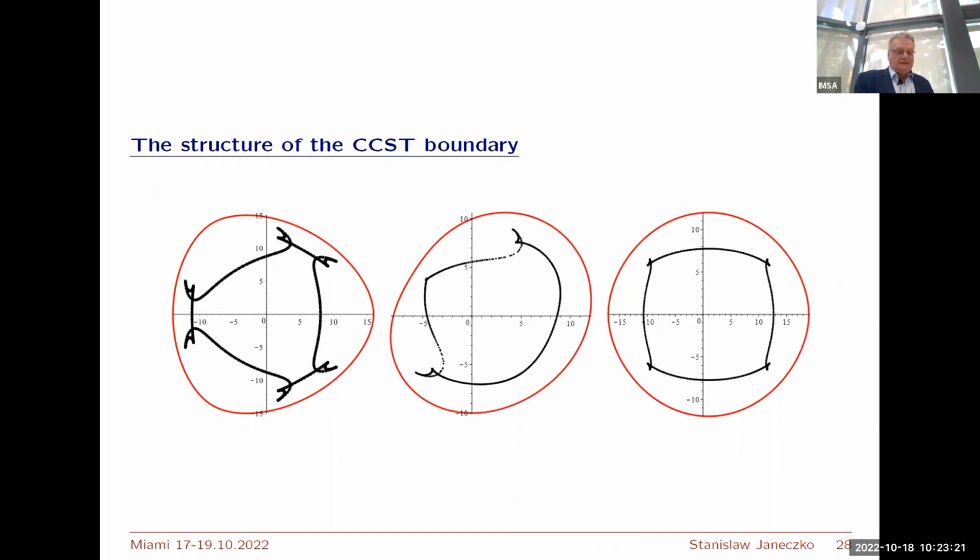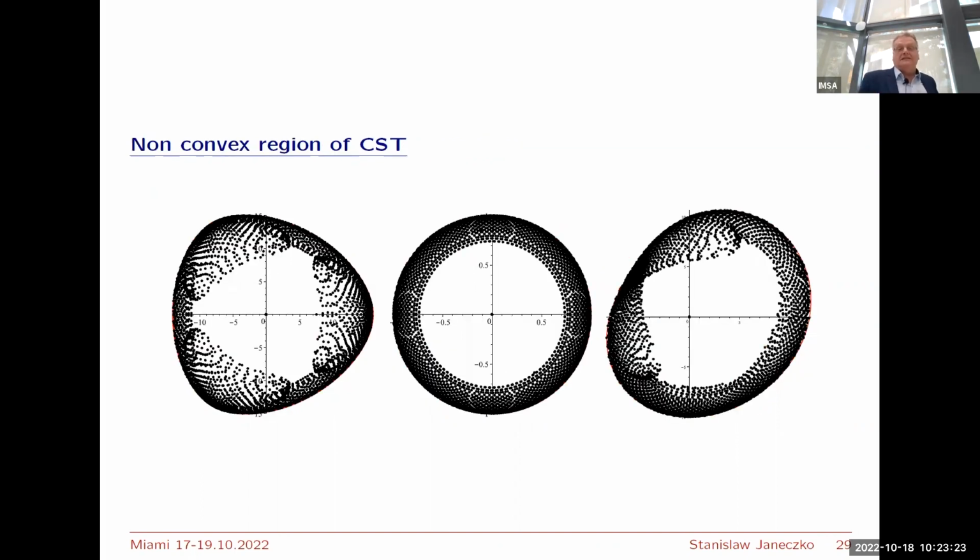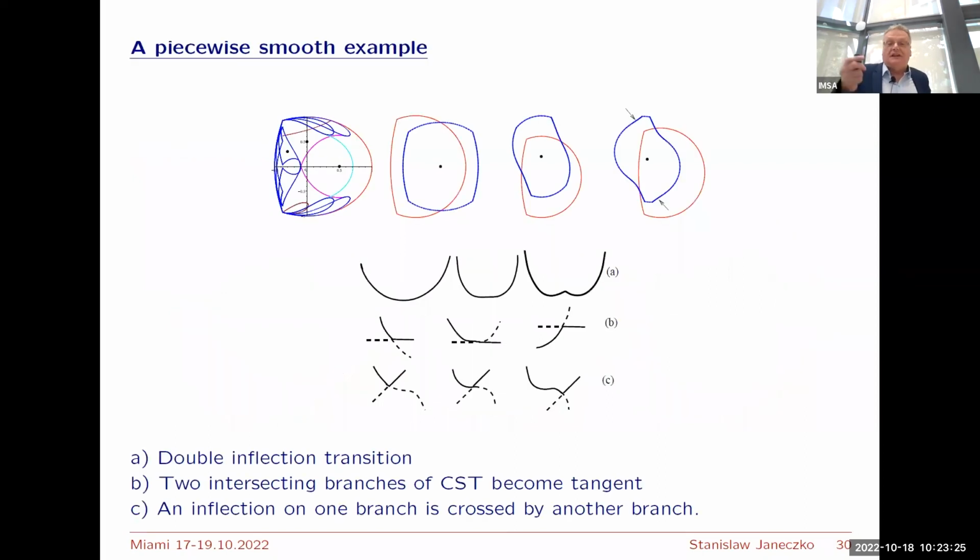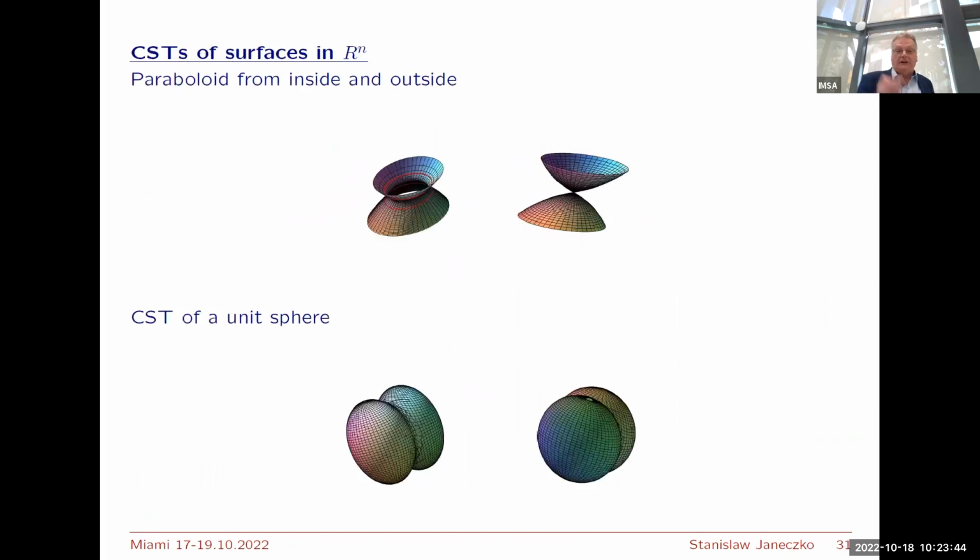And then there are of course some calculations, and also the special stable families, and how they behave if you move the point inside.